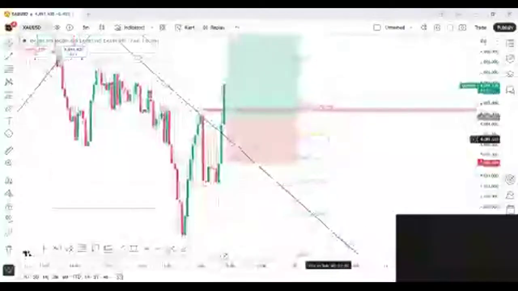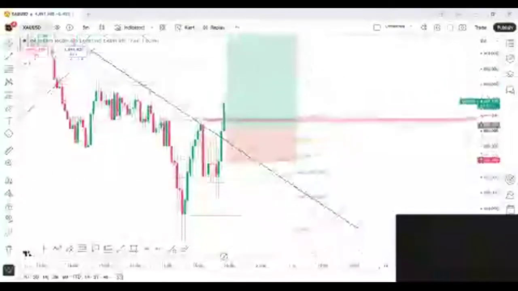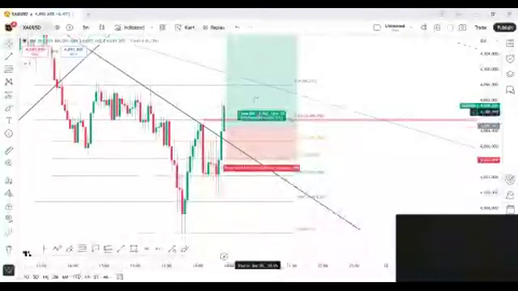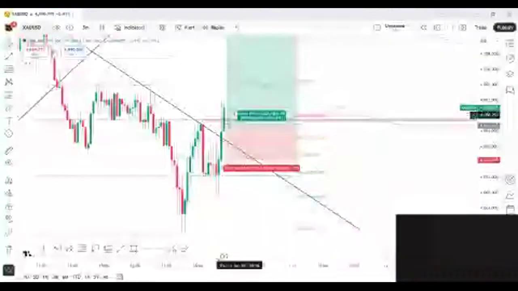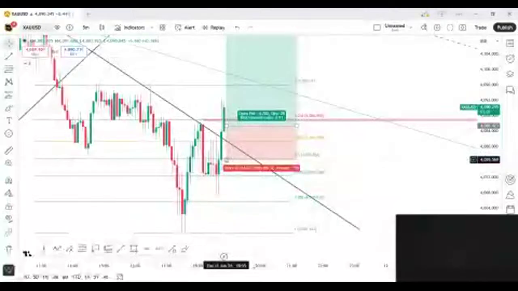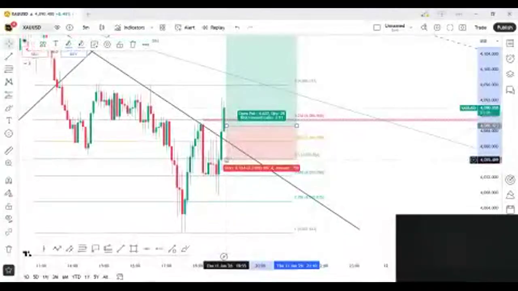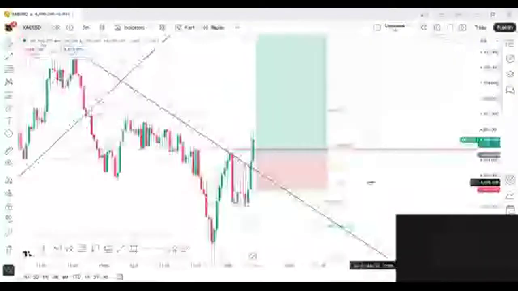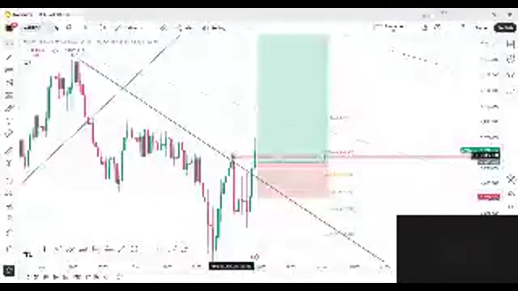Guys, here we got a confirmation of the buy on the base of this candle. So right now we will just wait a few minutes. If after that we get the proper confirmations, we will use a smaller stop loss, and we can enter for the buying positions. And then I will share my targets with you.